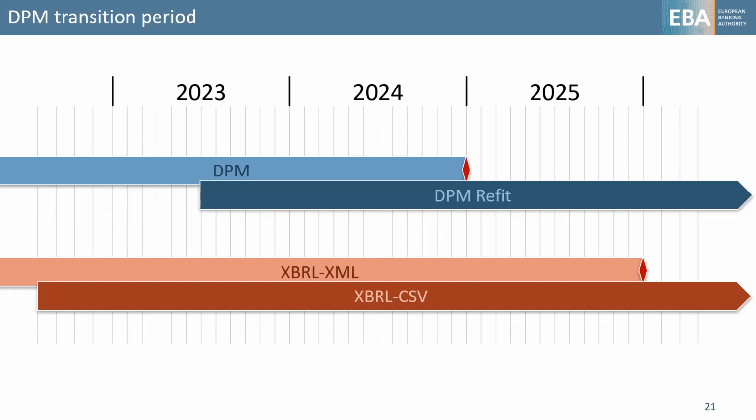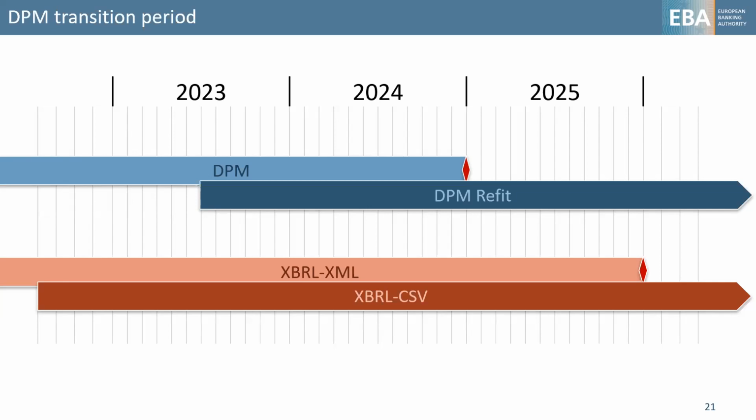But we will continue basically to allow the other stakeholders to adapt. We will continue to publish the DPM in the current version of the model, in principle until end 2024. So we will have a period of 1.5 years where we continue to publish both versions.